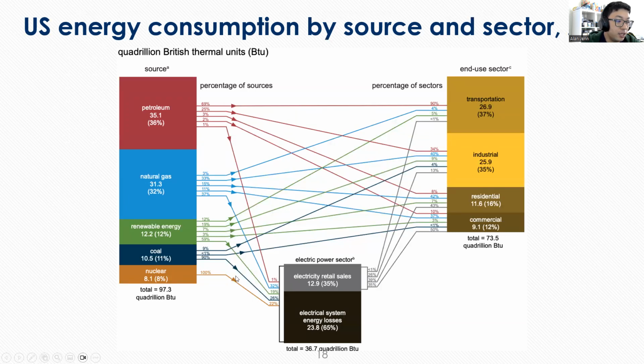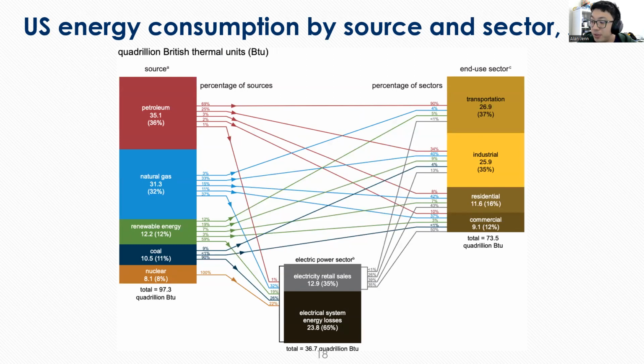You can see renewable energy still has a ways to go in the electricity system and in our end use sectors. This is a handy chart if you need to go back and reference what the breakdown is by fuel types as it pertains to both end use and our electricity sector.